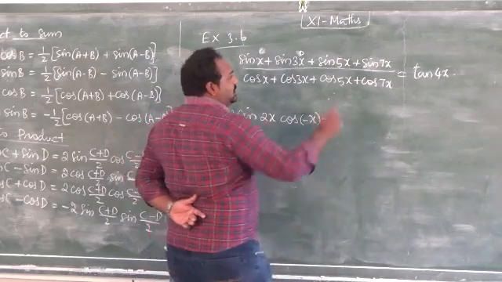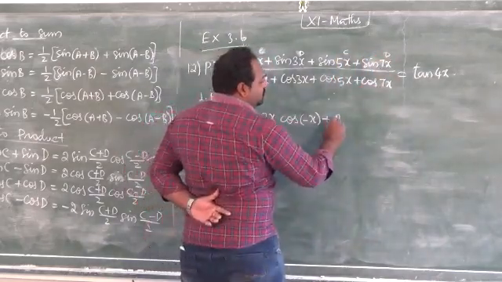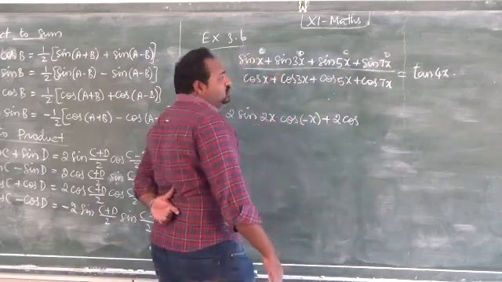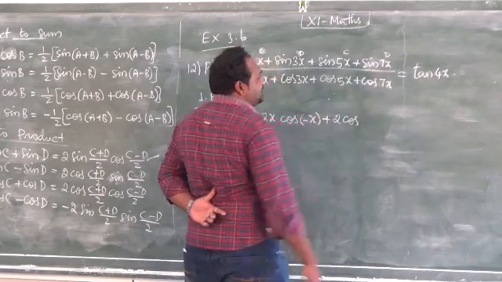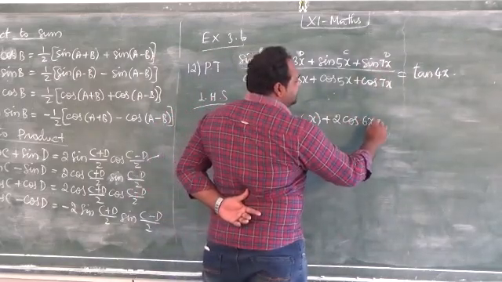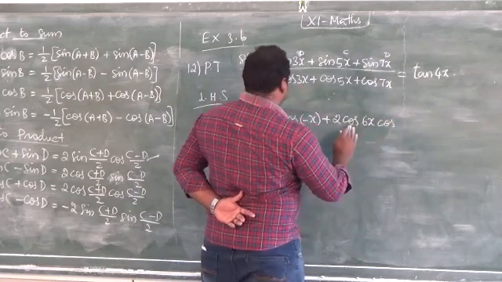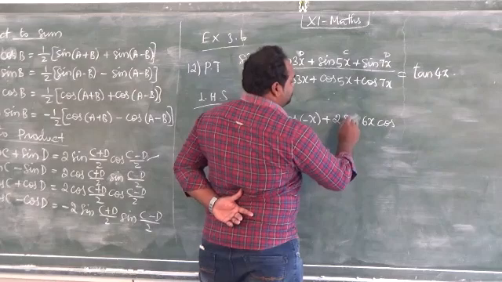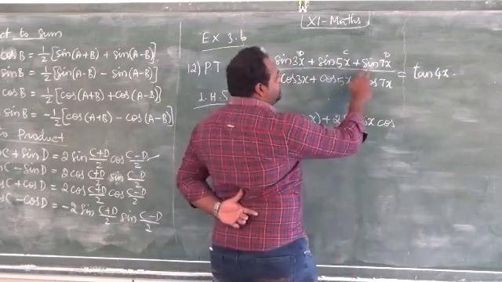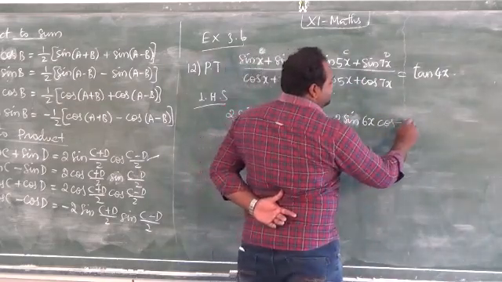Plus the same formula sin C + sin D: 2 sin((5x + 7x)/2), 12x by 2 is 6x, times cos((5x − 7x)/2), which is −2x by 2, that is −x.